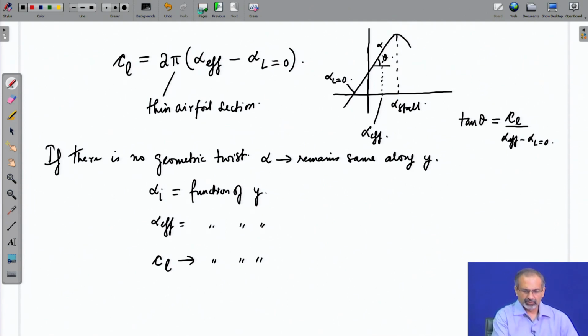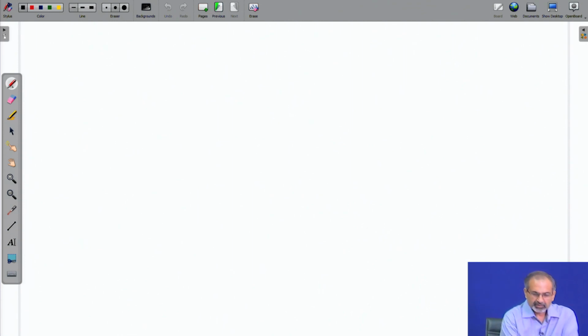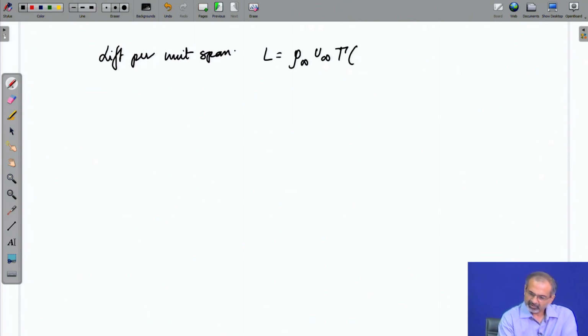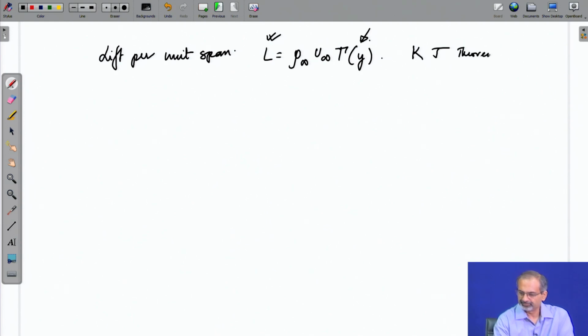Now, when we consider the lift per unit span, then we can recall the Kutta-Joukowski theorem, and at that spanwise location we can use the value of gamma to obtain the lift per unit span using the Kutta-Joukowski theorem. We can use that to calculate the sectional lift coefficient also.